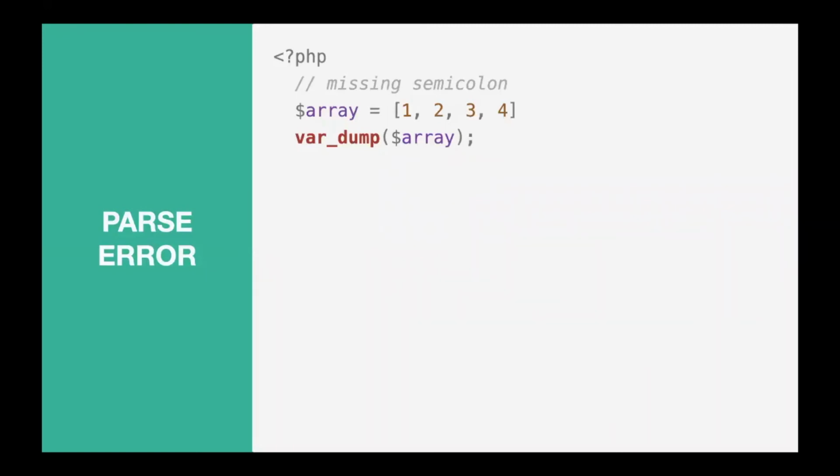When we get these errors, what will typically happen, especially with the parse error, with the syntax error, is we'll get back something saying parse error, missing semicolon on line, and then it'll give you a line number. Now, with semicolons especially, the line number it gives you will be after the missing semicolon.